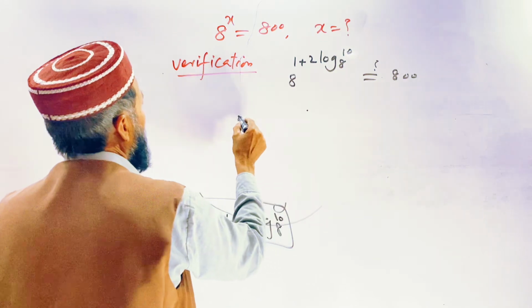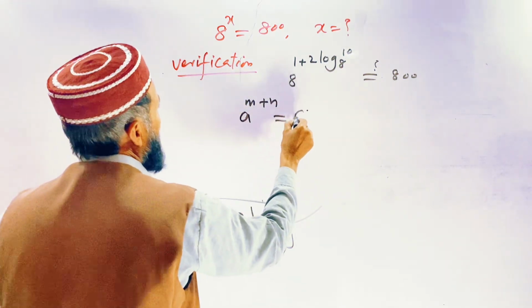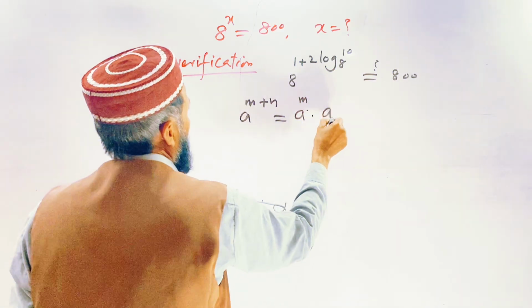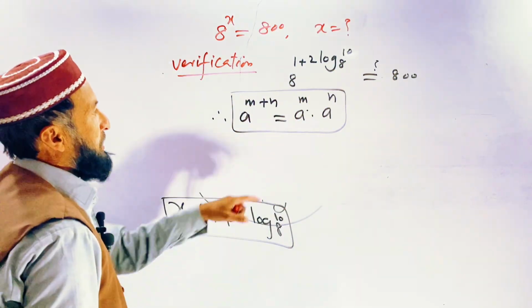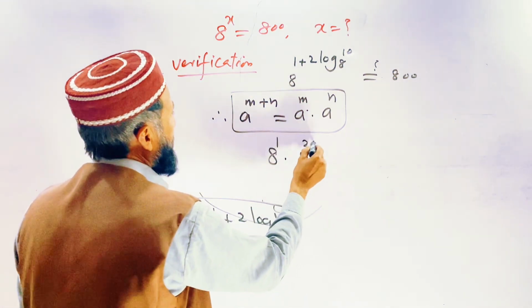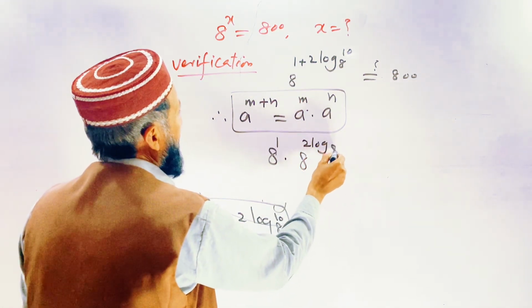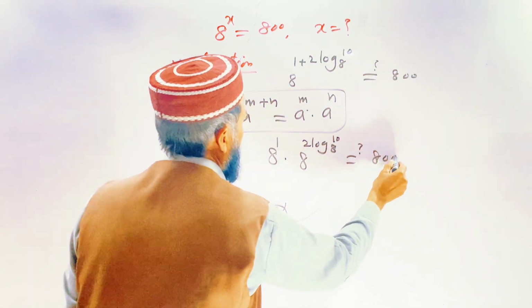According to the exponent rule, a exponent of m plus n is equal to a exponent of m times a exponent of n. According to this law, we expand this term: 8 exponent of 1 and 8 exponent of 2 log of 10 to the base 8, is it 800?